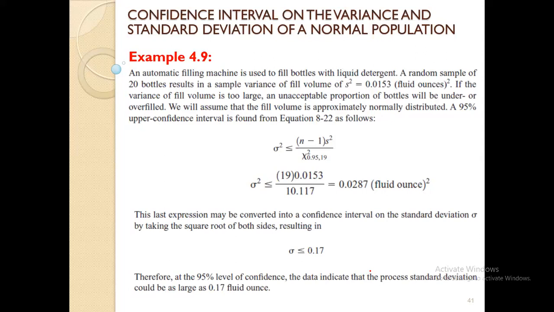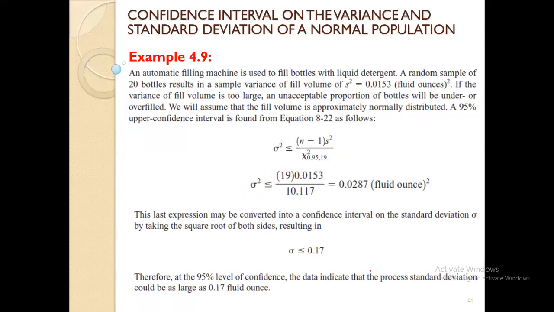We will assume that the fill volume is approximately normal distribution, and we check by the 95% confidence interval. The confidence interval means we would like to determine the maximum variance.